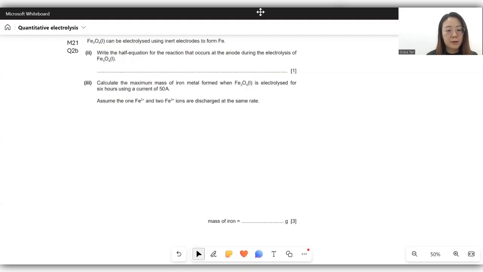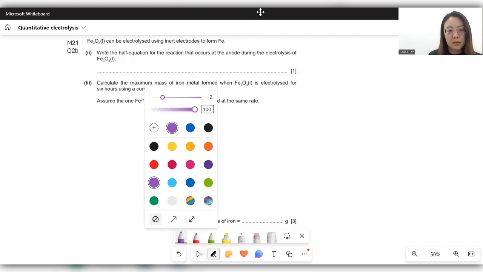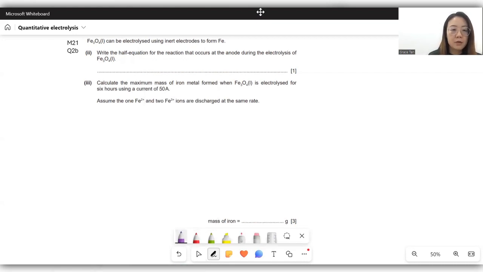All right, let's look at a more challenging question. I'll consider this as medium difficulty. This is taken from March 21. Iron oxide can be electrolyzed using inert electrodes to form iron metal. Write the half equation for the reaction that occurs at the anode.